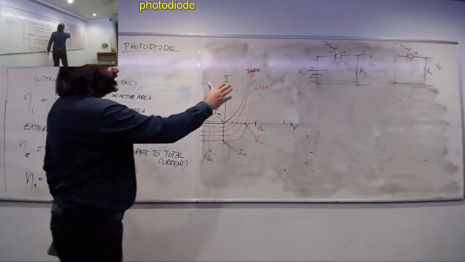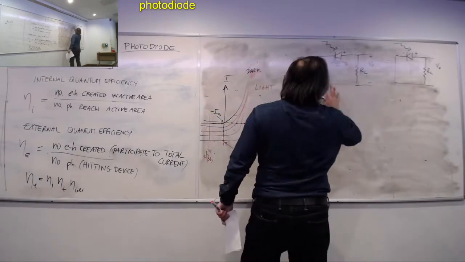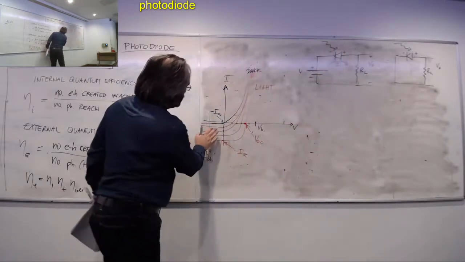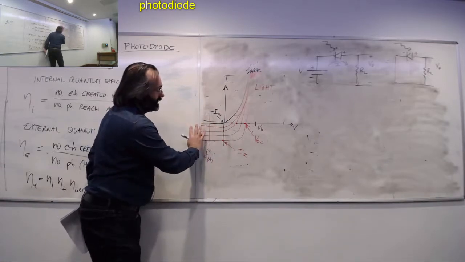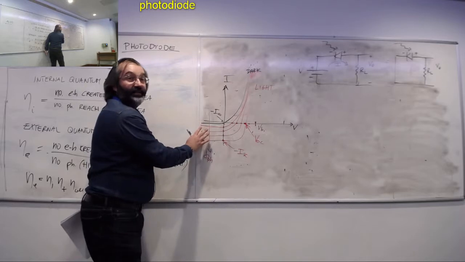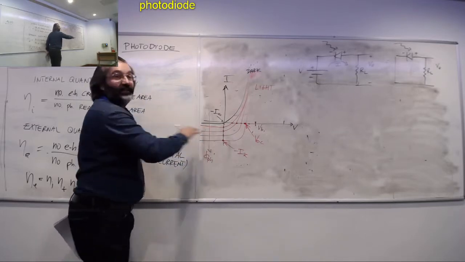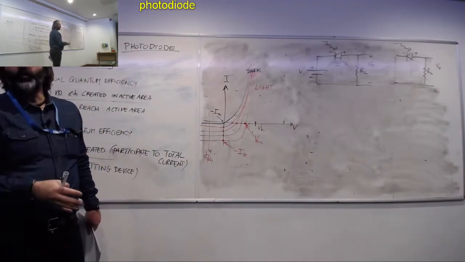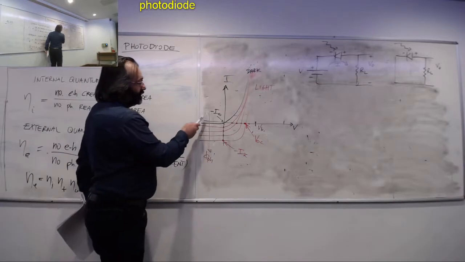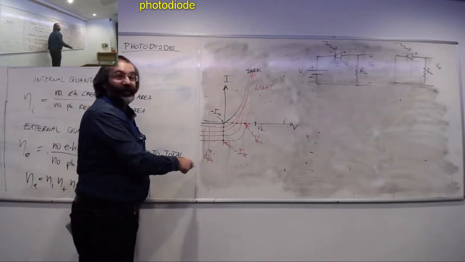So this means that in this circuit, the photodiode is operating in this part. Why is it being operated there? Because here you see that the characteristic is flat. There is an absolute one-to-one relation between the current flowing through the circuit and the photon flux.